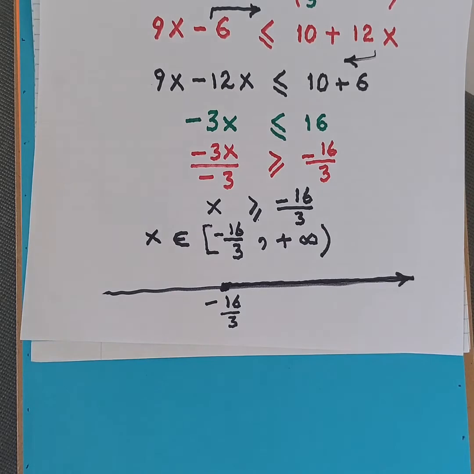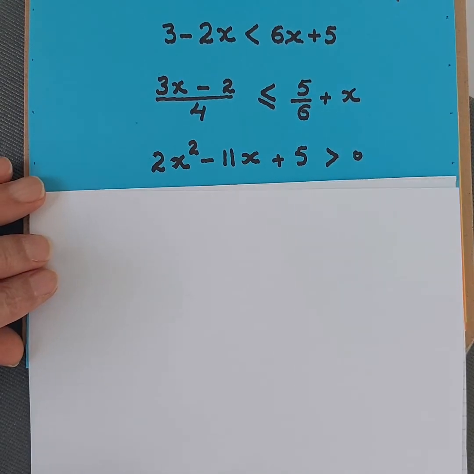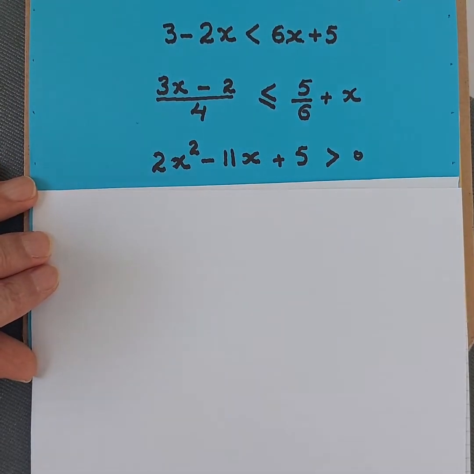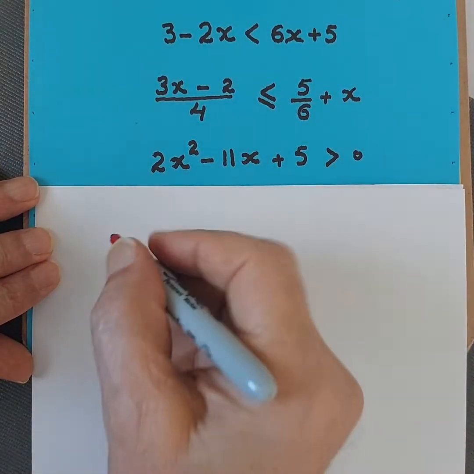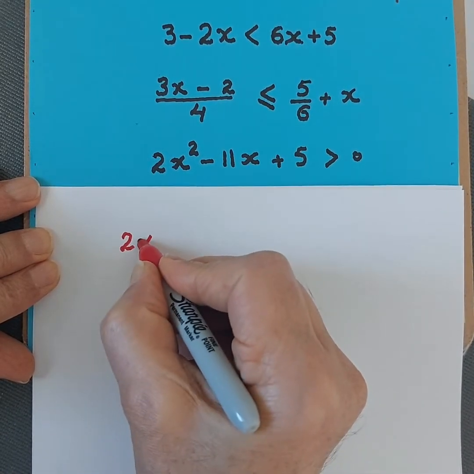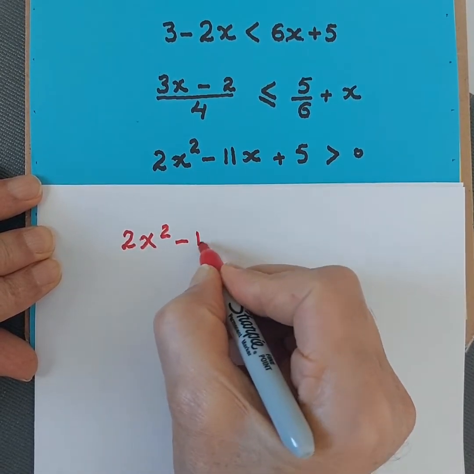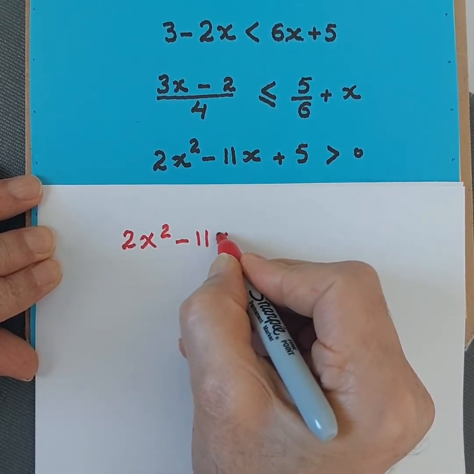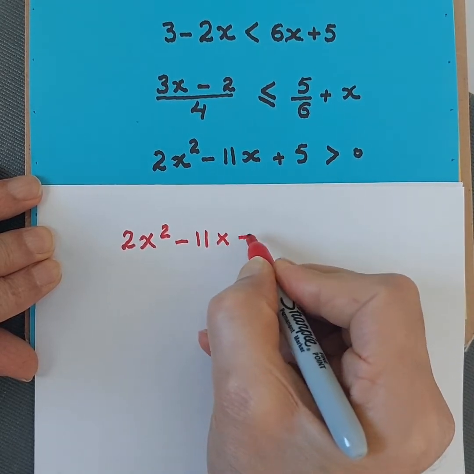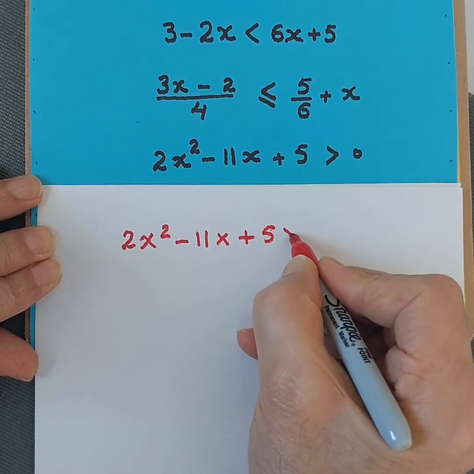Okay, finally we will get the last equation. The third equation said, find the solution for the inequality 2x squared minus 11x plus 5 is greater than 0.